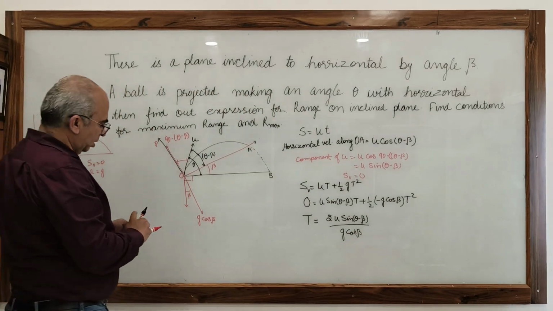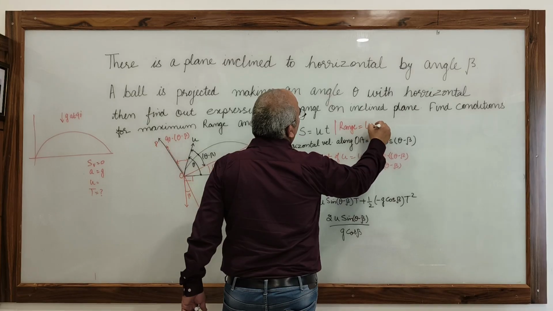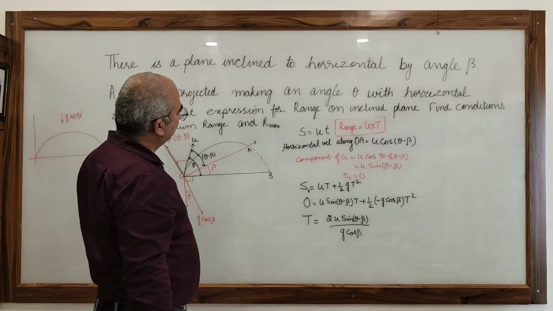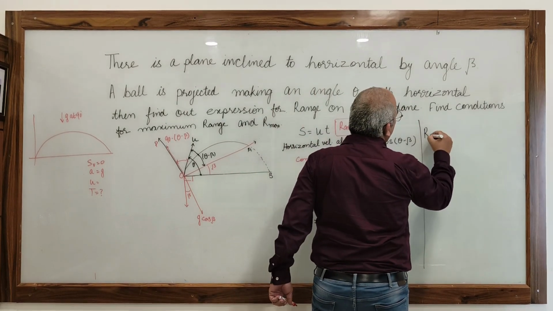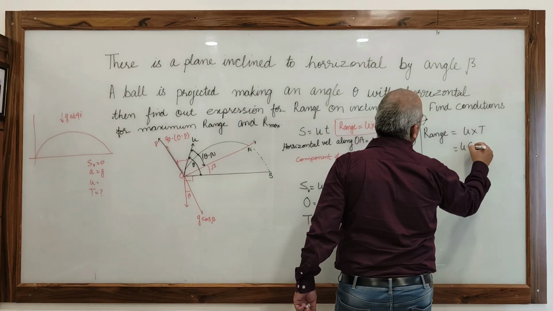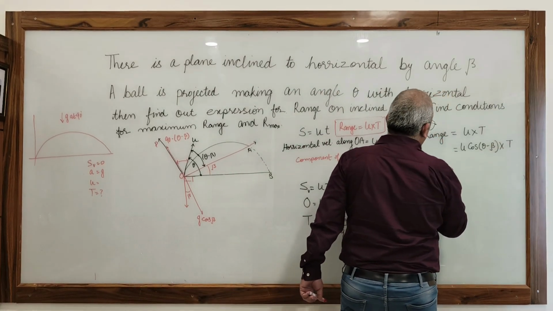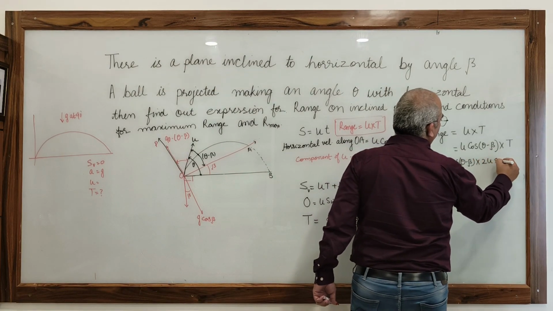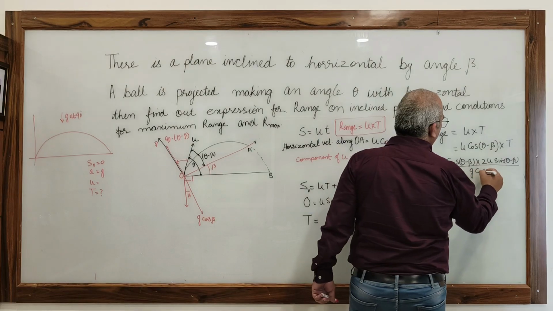Now for range, we know range equals u into t, where u is the velocity along OA. So the expression for range will be u cos(theta minus beta) into 2u sin(theta minus beta) upon g cos beta.